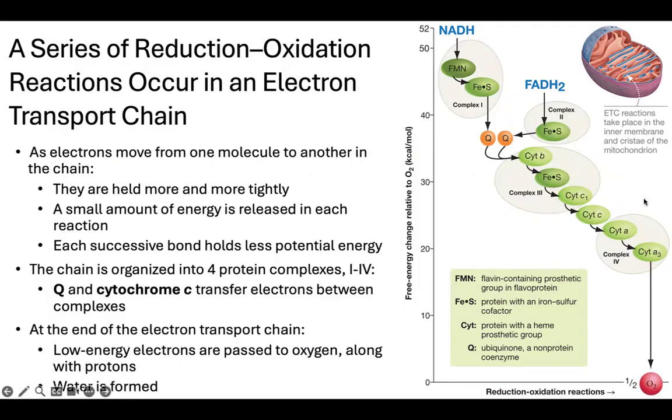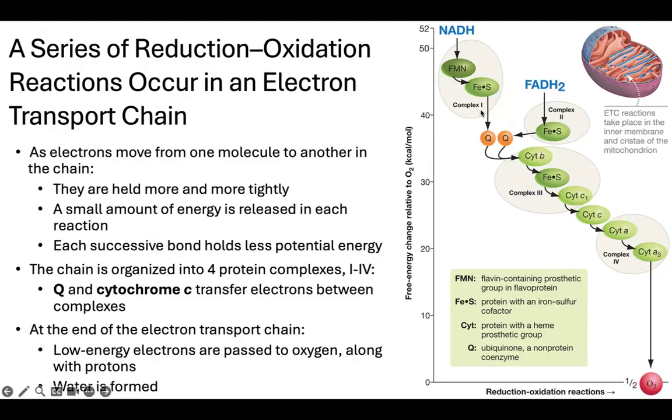Again, electrons wanting to go to a more stable state is what drives all of this. So here we have coenzyme Q, and we have another protein called cytochrome C, and these two are going to be transferring electrons to the different complexes that make up the electron transport chain.